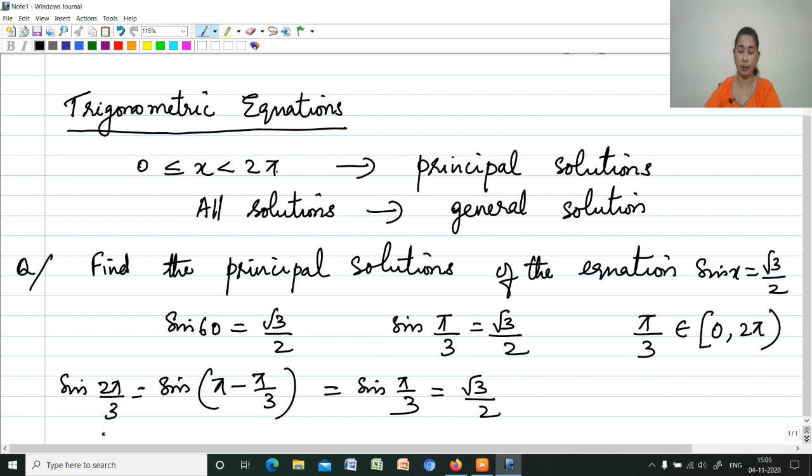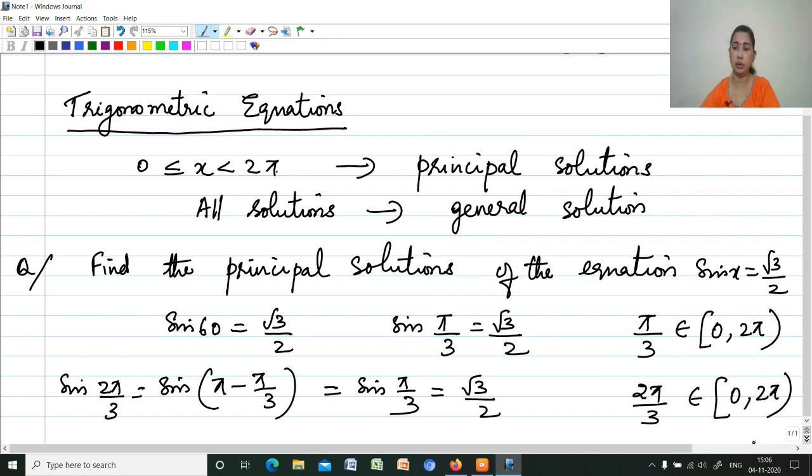What is this 2 pi by 3? Pi by 3 we know is 60. 60 into 2 is 120. So 120 is between 0 and 2 pi. So another value which comes between 0 and 2 pi and has the value root 3 by 2 is 2 pi by 3. Any other values will be outside, they will not come between 0 and 2 pi.